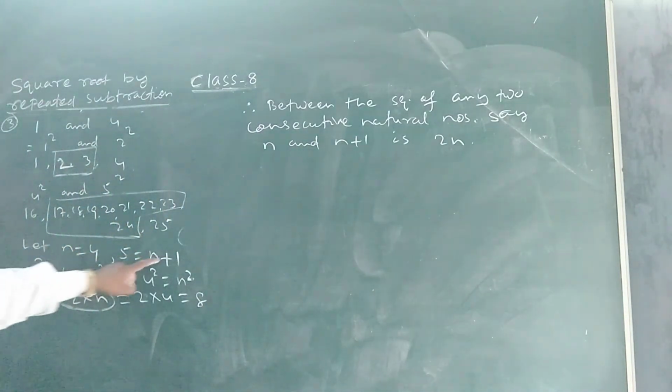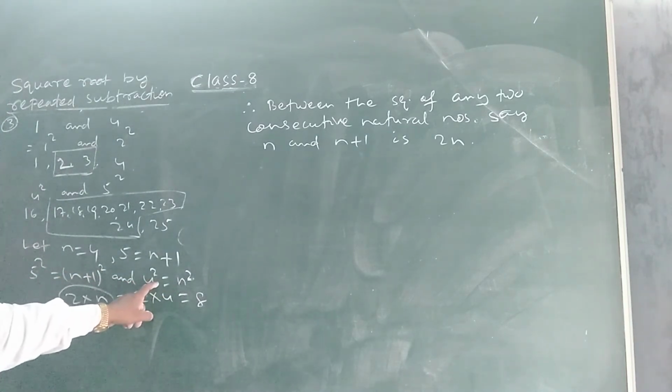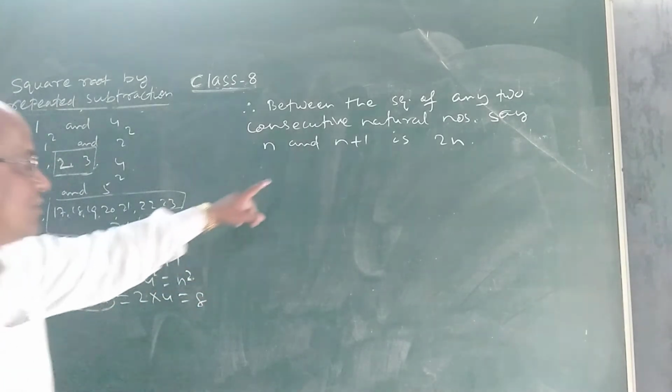Here n is 4 and n plus 1 is 5. So between n plus 1 square and n square, how many non-square numbers are there? 2n. 2n means 2 into 4, that is 8. Okay? So this is the formula.